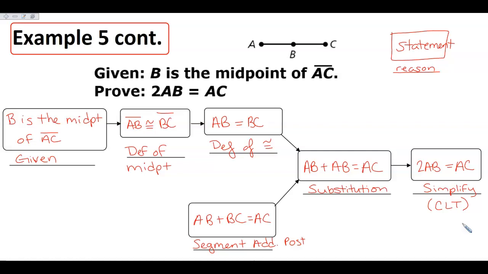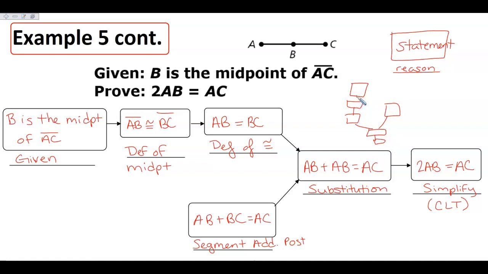Now, this one, I was able to write out horizontally, and that's fine. I could have drawn it so that if I had my 3 boxes over here, my segment addition box here, and then I could have drawn it going down this way.